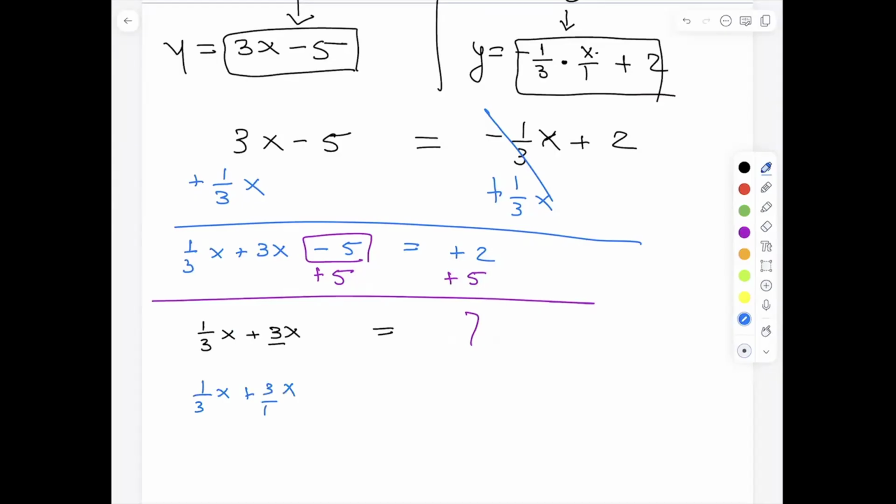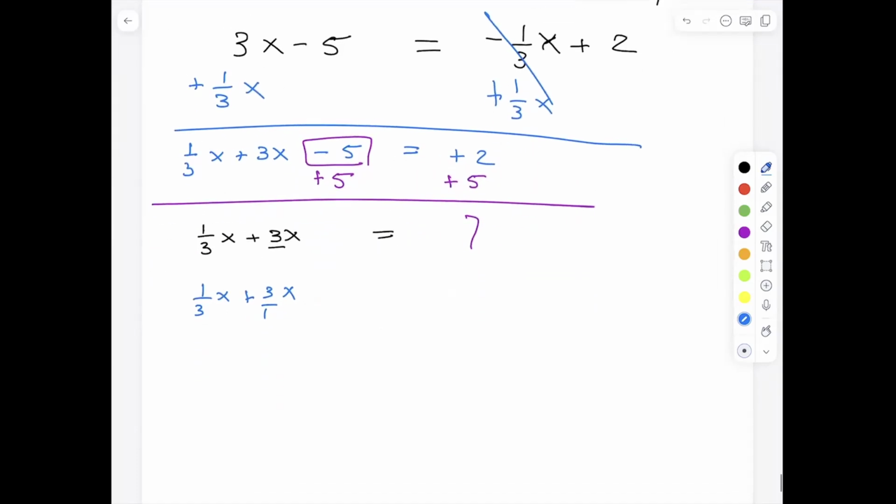What is 1/3? Use a calculator. What is 1/3? It's 1 divided by 3.